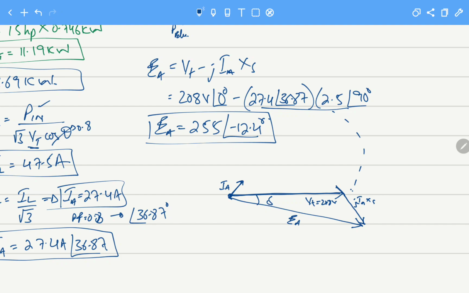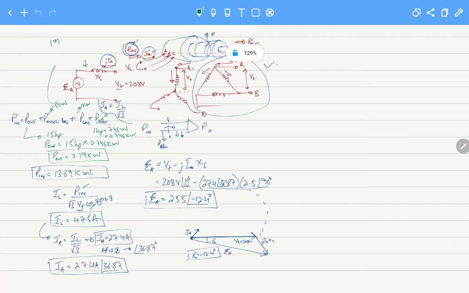This is the power angle, and the power angle for this case is minus 12.4 degrees, and as this is negative, it is purely motor action. Okay, so in this way we have calculated this.